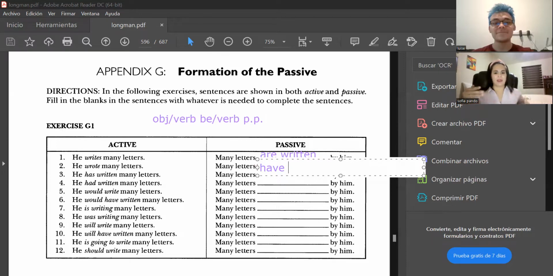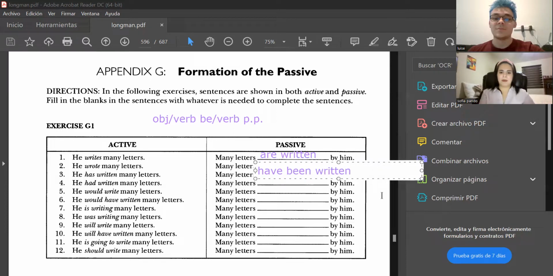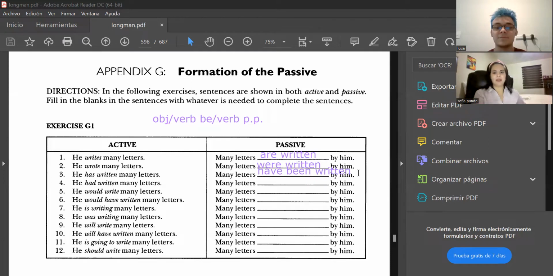And then finally, we have the form been, right? So we have been. And then simply just add the verb in past participle, which we mentioned was written. So we say, many letters have been written by him.